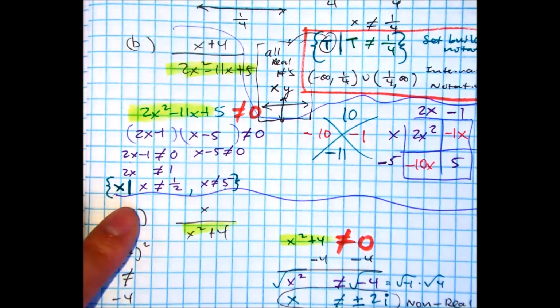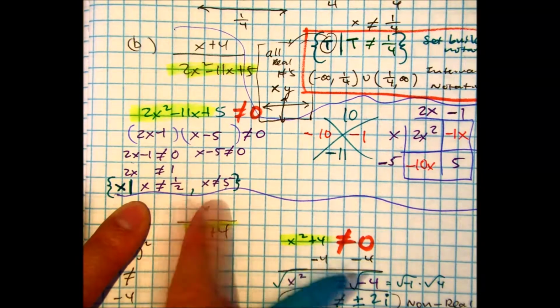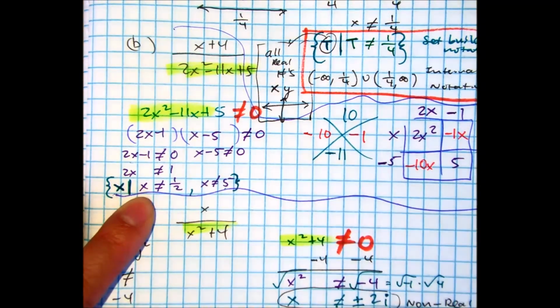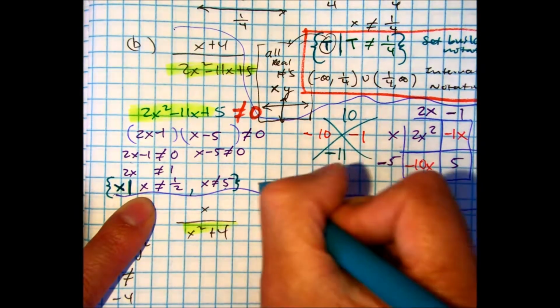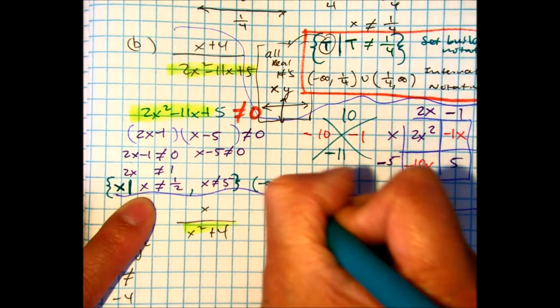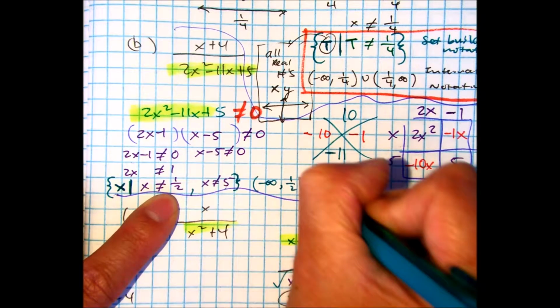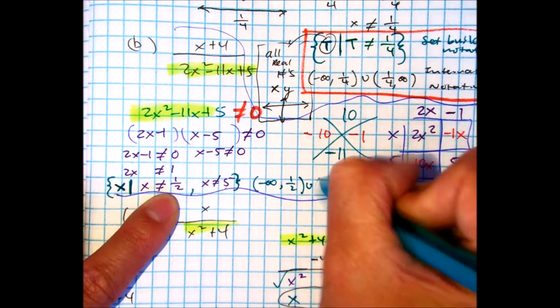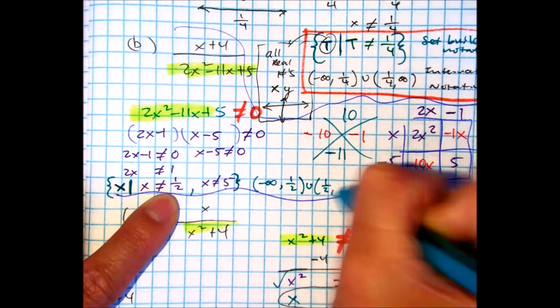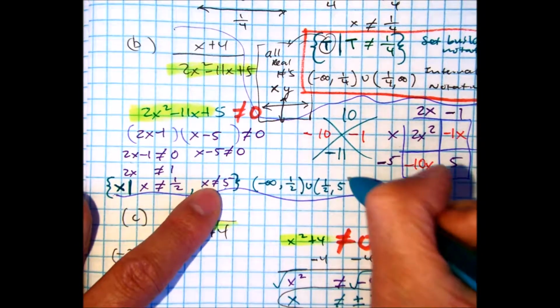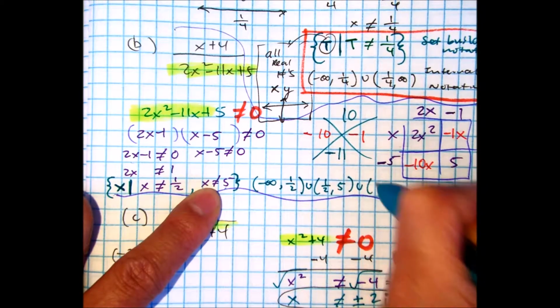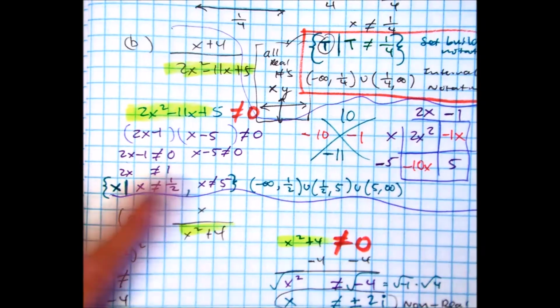Okay, here's a crazy one. Ready? How would I write this in interval notation? Well, you have to visualize left to right. I'm going to start at negative infinity, and the first thing I'm going to touch is 1/2. Don't include 1/2. Go to 1/2, all the numbers up to 5. Don't include 5, and go towards positive infinity.